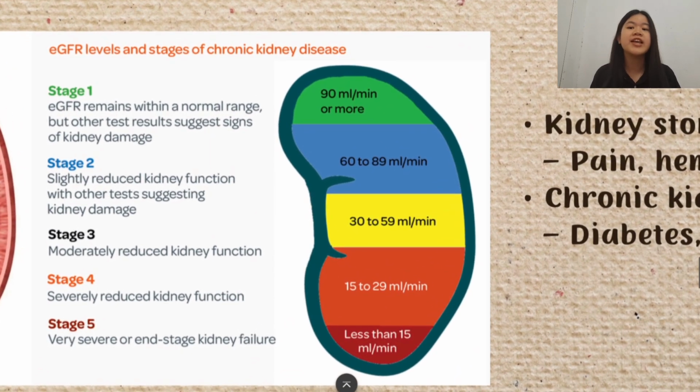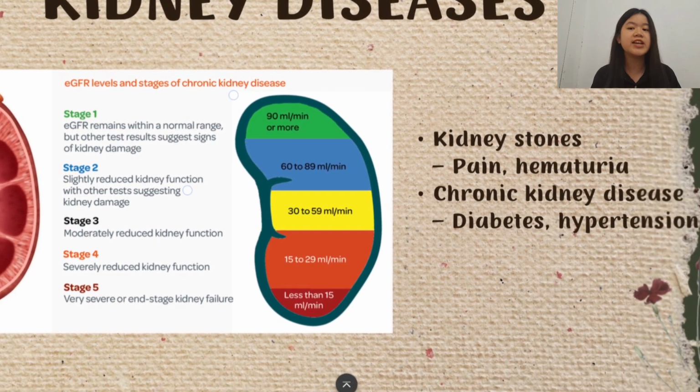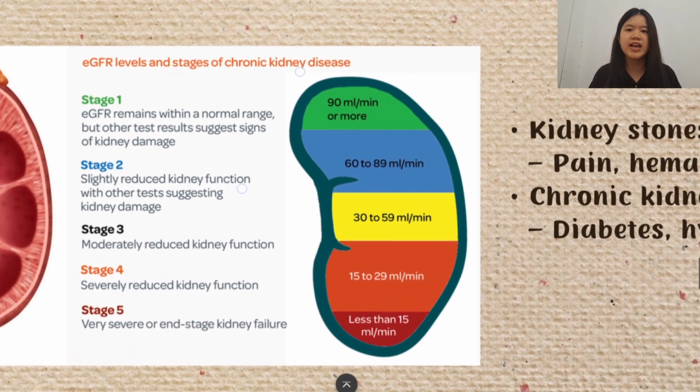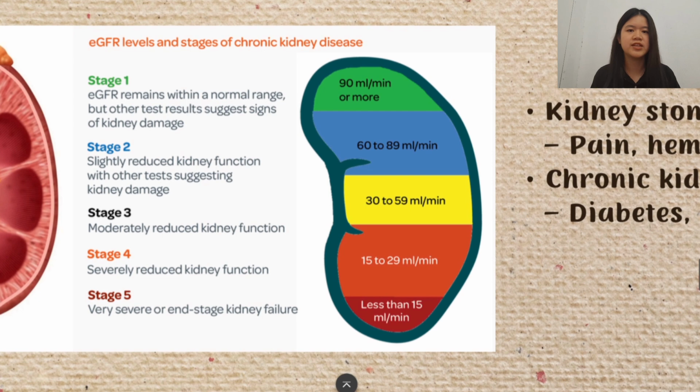And then the next one is chronic kidney disease, CKD. It is a progressive and irreversible condition characterized by gradual loss of nephron function. The most common causes are diabetes mellitus and hypertension. CKD often remains asymptomatic until advanced stages, so early screening and prevention are extremely important.